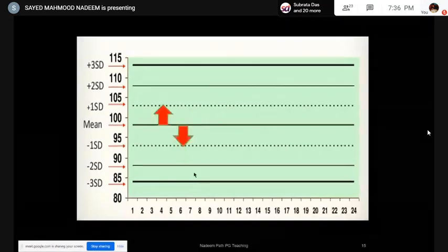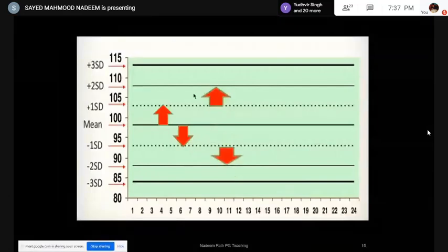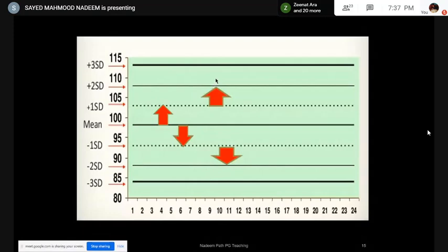This is the limit of 1SD. This is the limit of 2SD. Any control point on this line would be read as beyond 2SD. And this is the limit of 3SD.